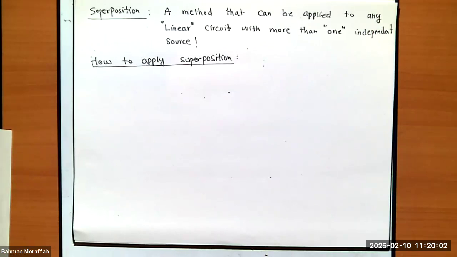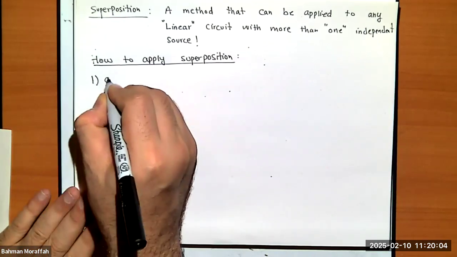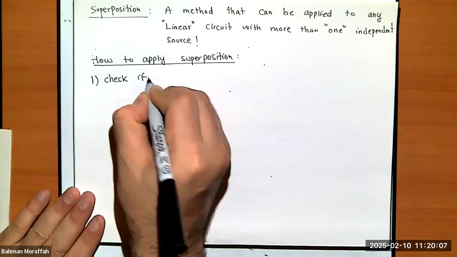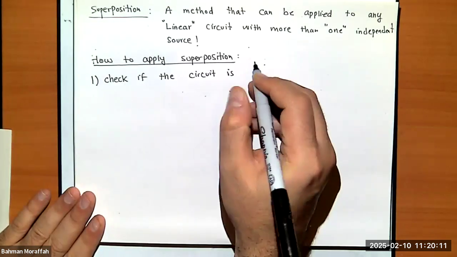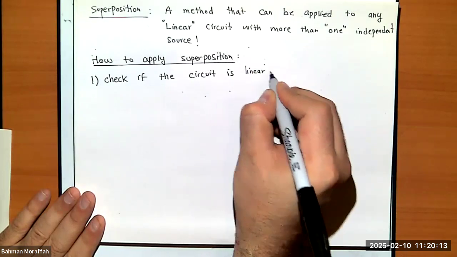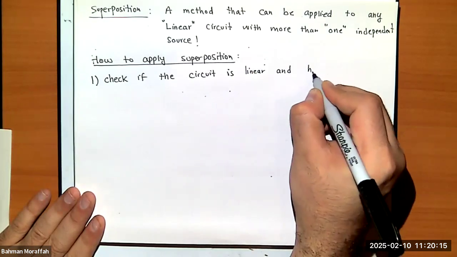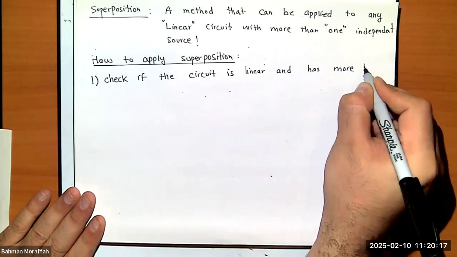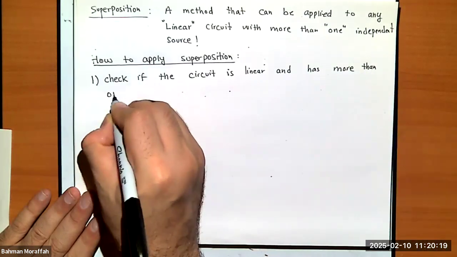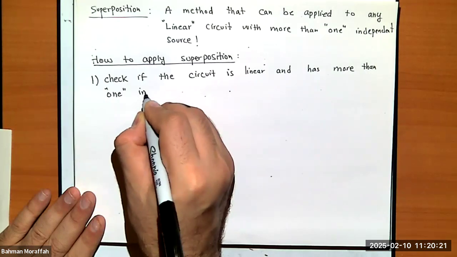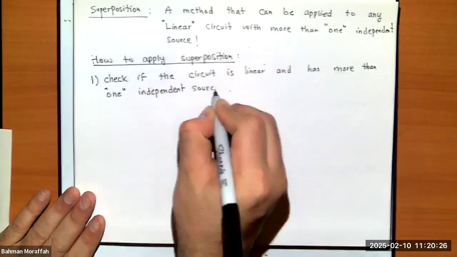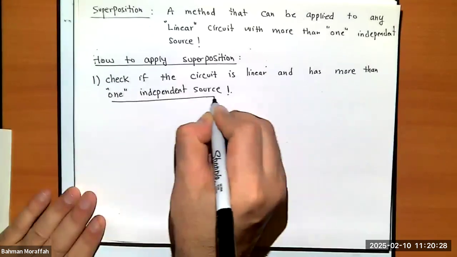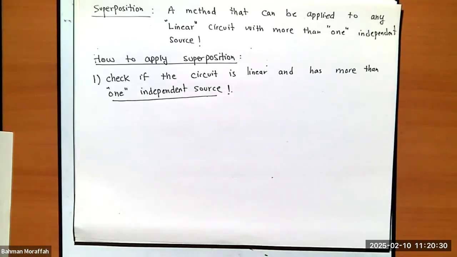Okay? So first step, check if the circuit is linear and has more than one independent source. It is important to pay attention to independent source. Okay?